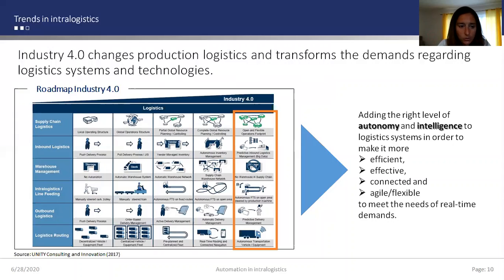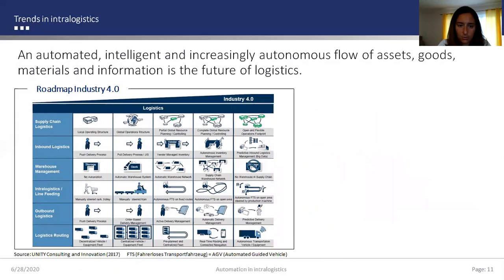So let's have a closer look at Intralogistics 4.0. That would be this column. Where do we come from and where are we heading? Here the word FTS is a synonym for AGV, so automated guided vehicle. We come from the 90s, when they were introduced. They're quite established right now, AGVs.